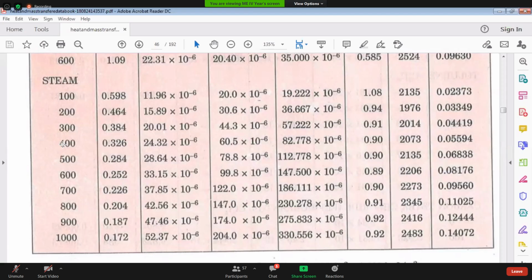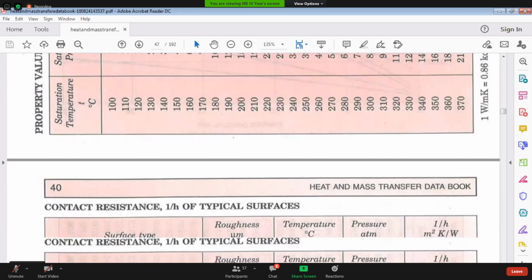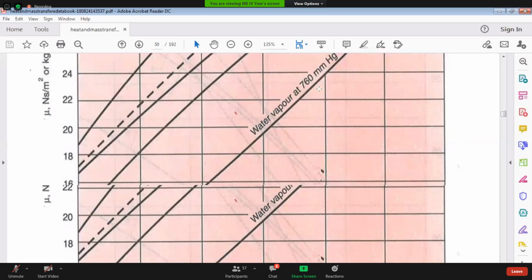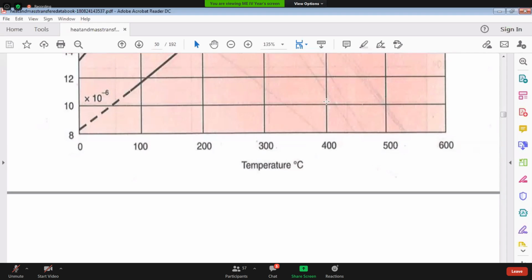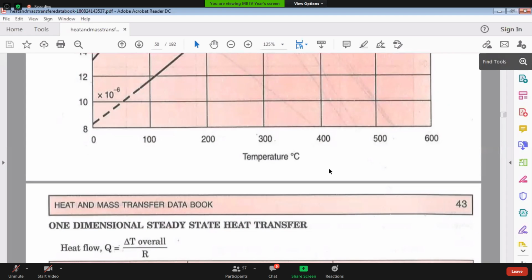It is a superheated steam. At 100 degrees centigrade, it is saturated steam, right? So what are the properties? Mainly fluid property, geometric property, flow property, both are important. That's the reason we study fluid mechanics as well as heat transfer.